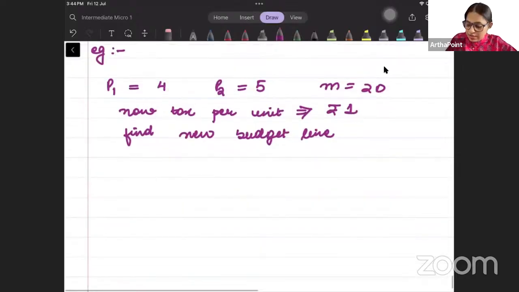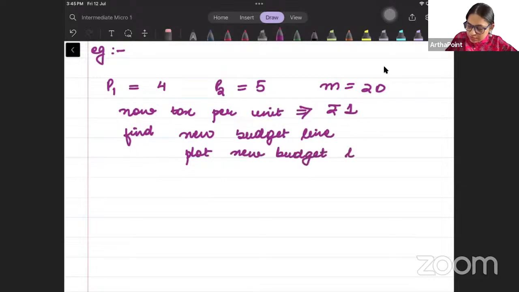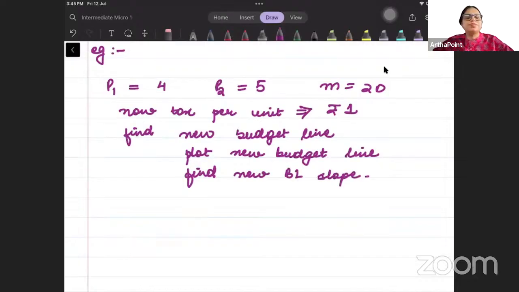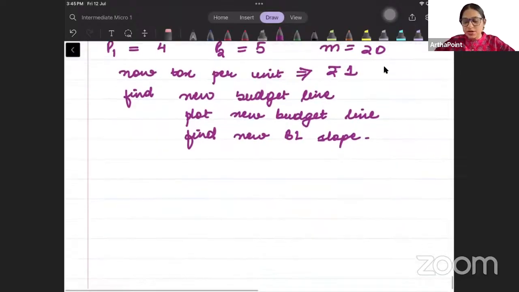Plot the new budget line. Find the new budget line slope. न्यू बजट लाइन निकालो, ओल्ड बजट लाइन निकालो, दोनों का स्लोप निकालो, दोनों को ग्राफिकली प्लॉट करो. This is all that you need to do.